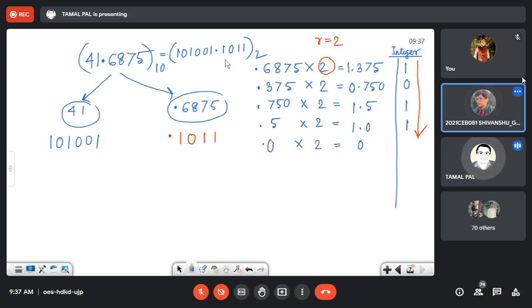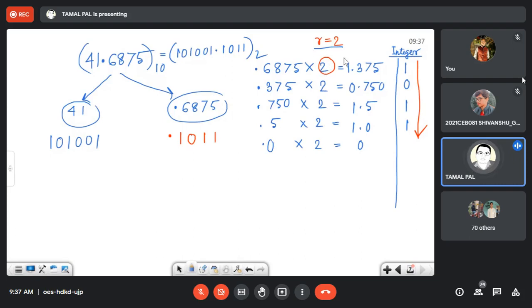Sir, why have we taken r equal to 2? Because I am supposed to convert into binary. That's why r equal to 2. If I have to convert this into the octal number system, then I have to multiply it by 8, 8, 8, 8.